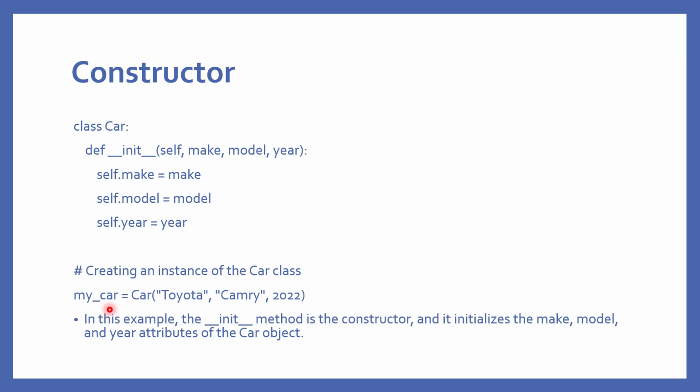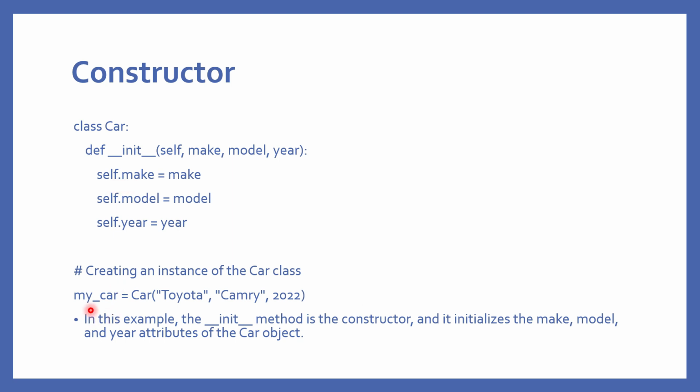And this is the code to create an object. Here you can see we are creating an object my_car, which is one object we are creating from the class Car, and we are specifying three parameters: Toyota, Camry, 2022. So Toyota will be make, and it will be assigned to self.make.